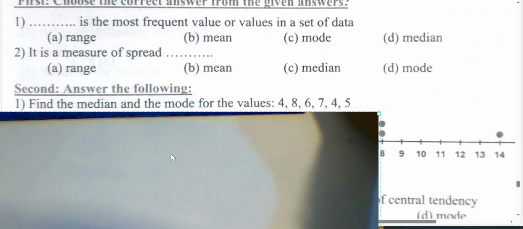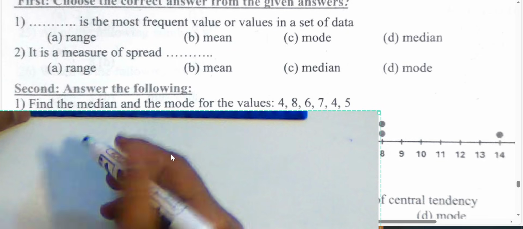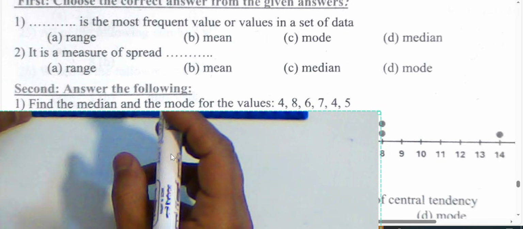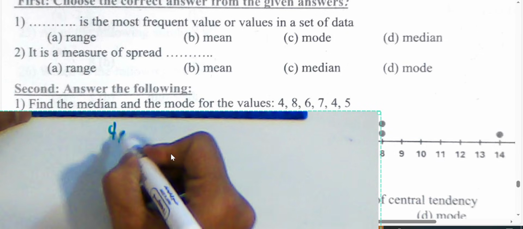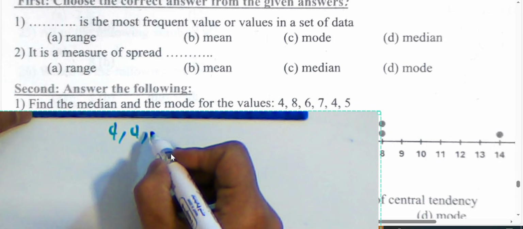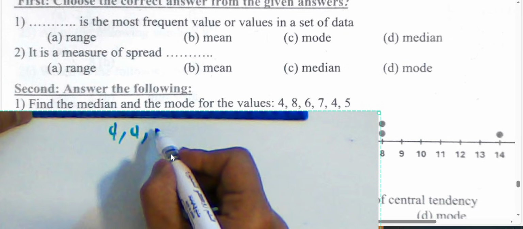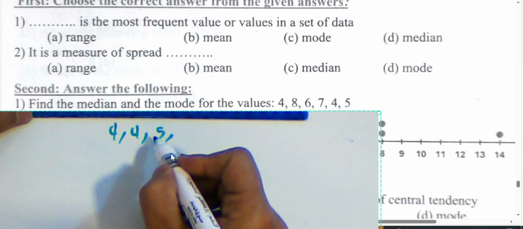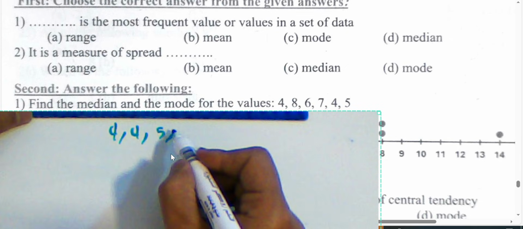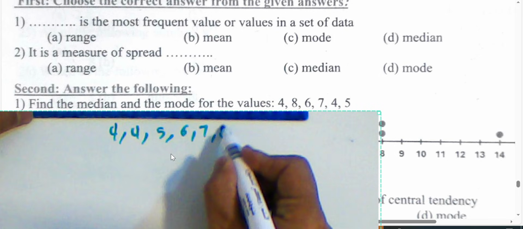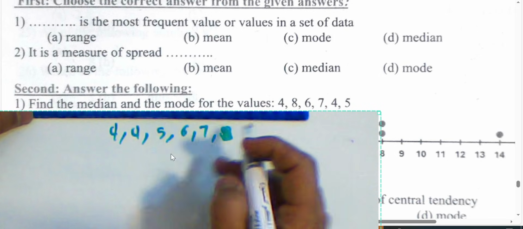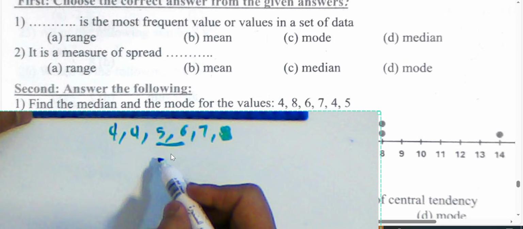Second, find the median and the mode for all the values. First step, we must arrange from smallest to greatest, or as you like, greatest to smallest, you must arrange first. Write 4, and if we have digits repeating, you must write 4, 4, and also we have 5, 6, 7, 8, and the numbers in the middle, 5 plus 6 divided by 2.